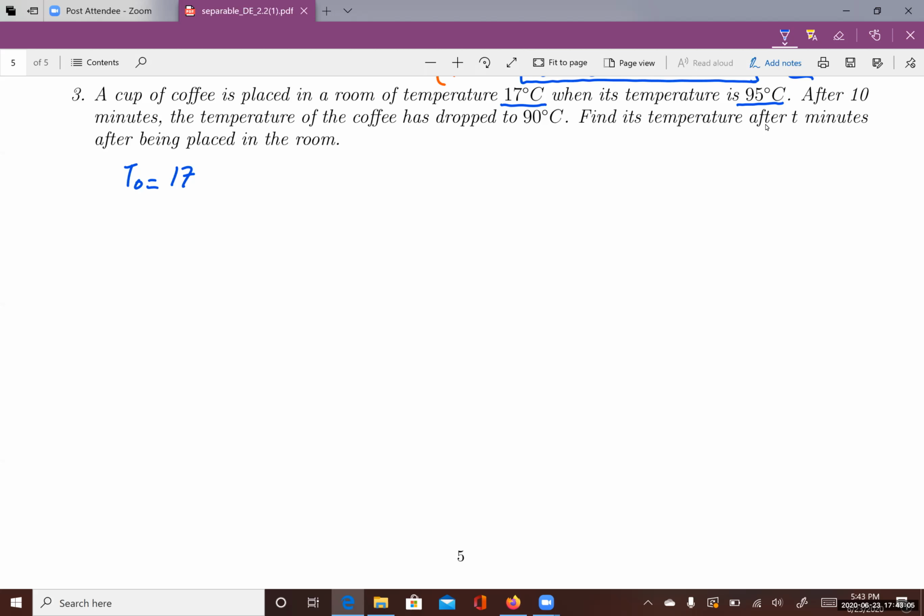That means U of 0 equals 95. All right. Again, I'm using U as the coffee temperature. Another piece of information is after 10 minutes, the temperature of the coffee has dropped to 90 degrees. So that means U of 10 equals 90.